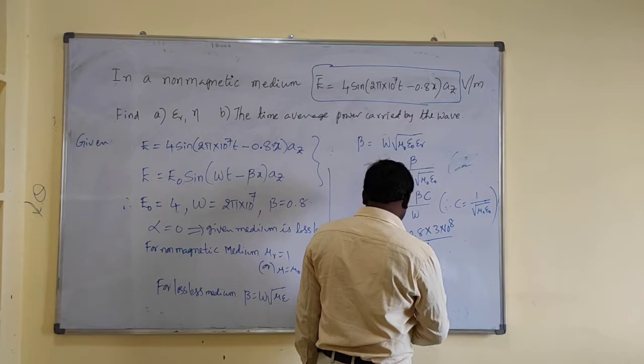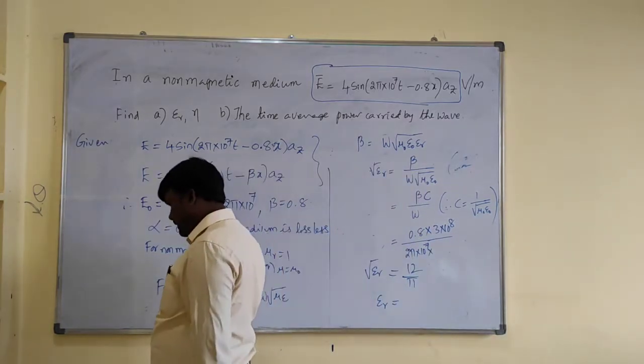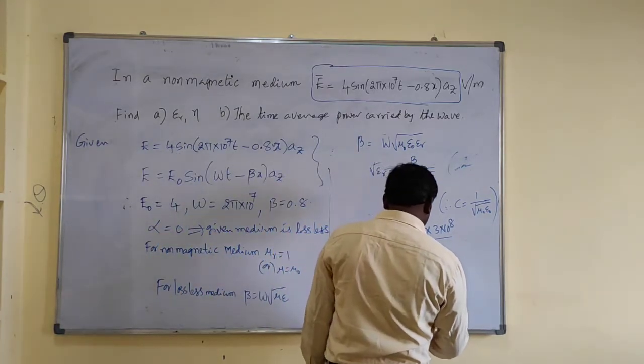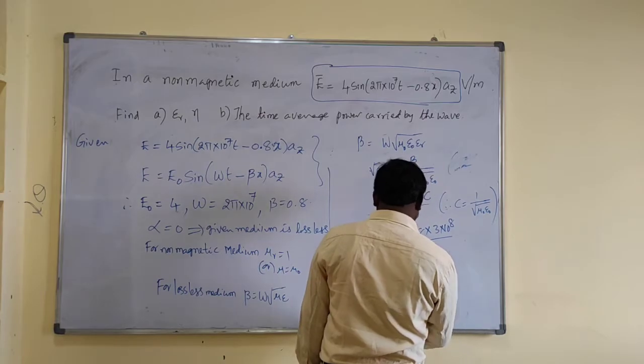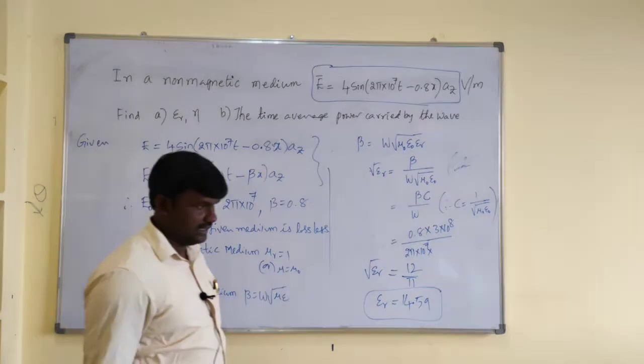Applying the square on both sides, we get epsilon r as 14.59. Please simplify this; you will get epsilon r as 14.59.